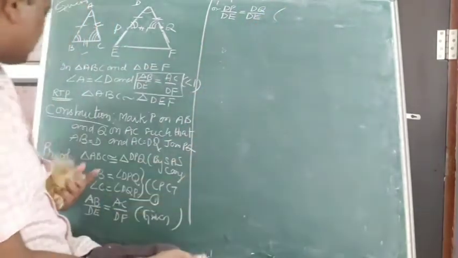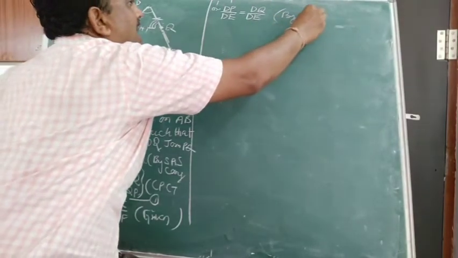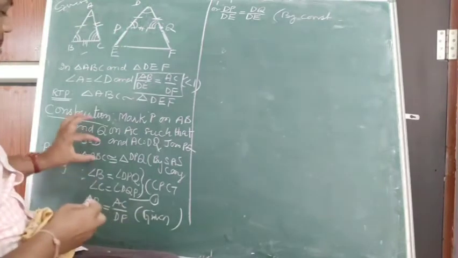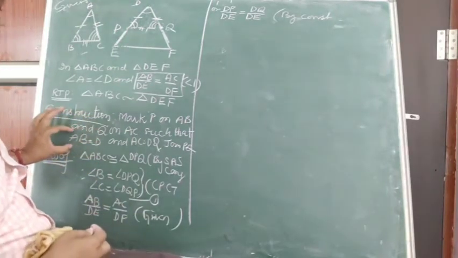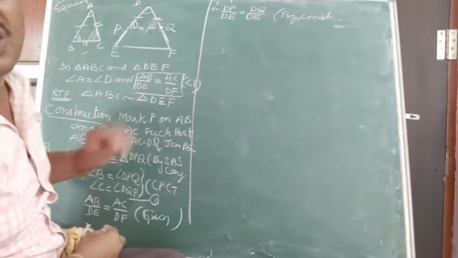How? Because by construction, in construction only we assumed that AB is equal to DP and AC is equal to DQ.